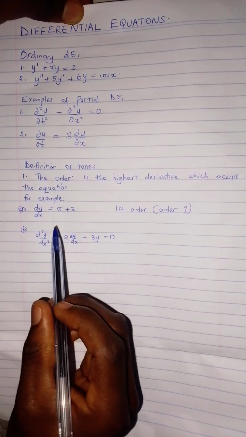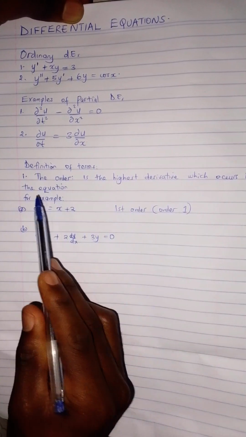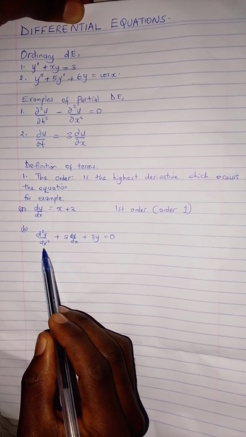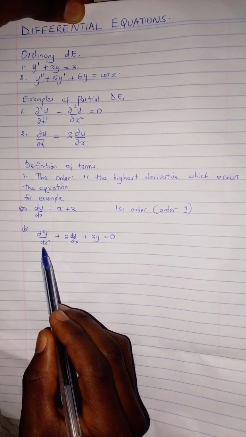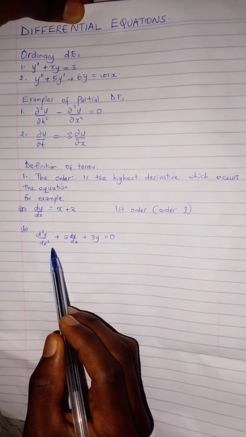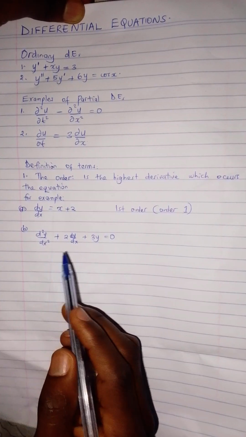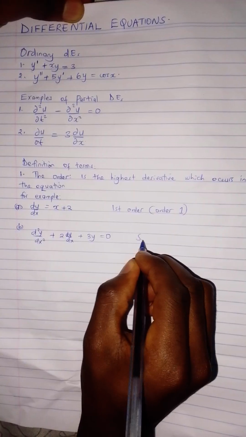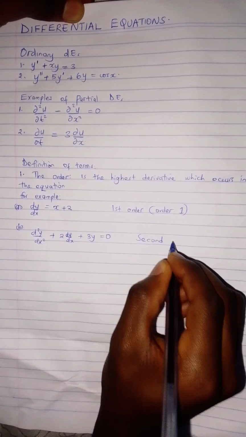The order is the highest derivative which occurs in the equation. Here we have the first derivative, here we have the second derivative, meaning the highest derivative is d squared y dx squared, which means our function y was differentiated for the second time, meaning this one is second order.